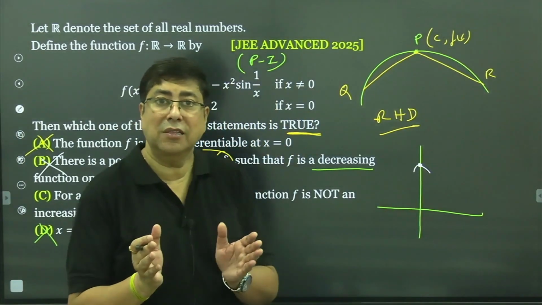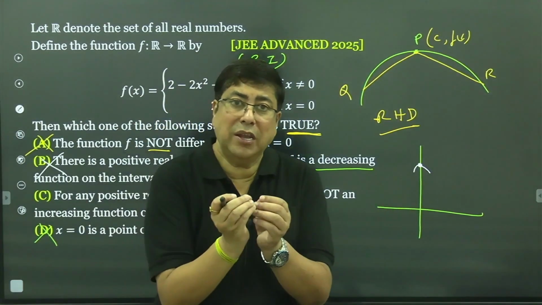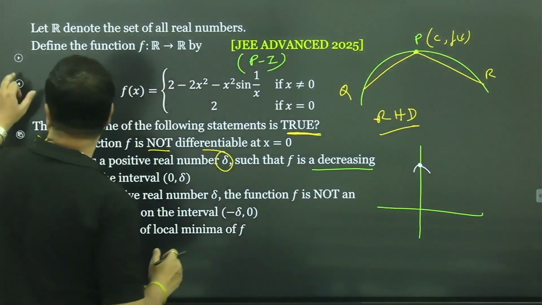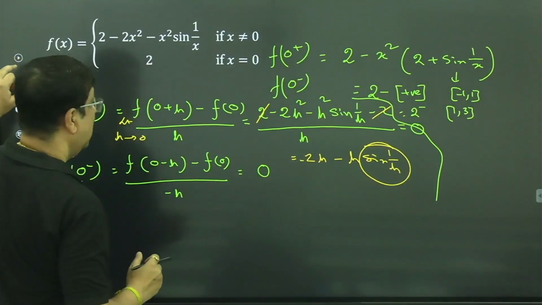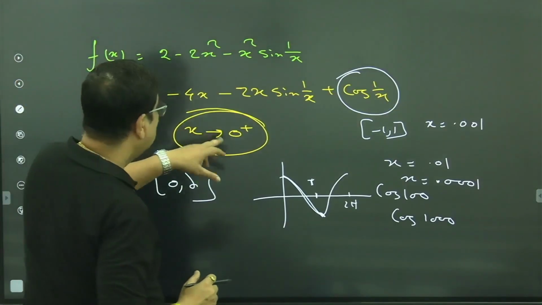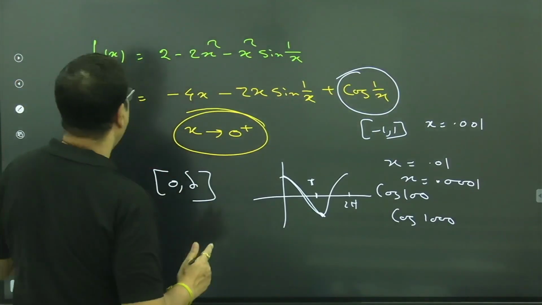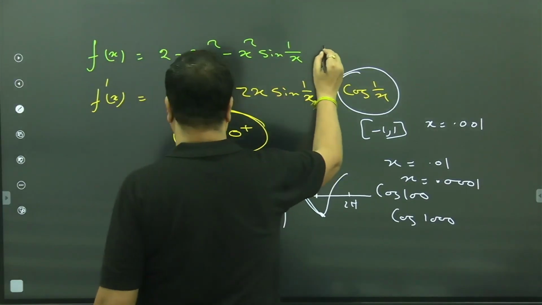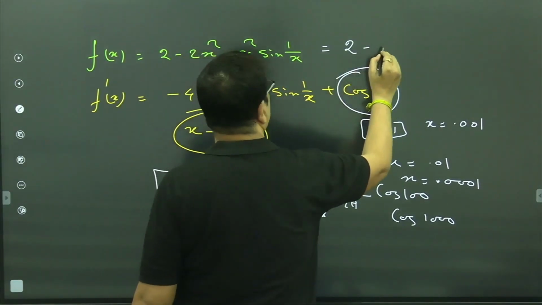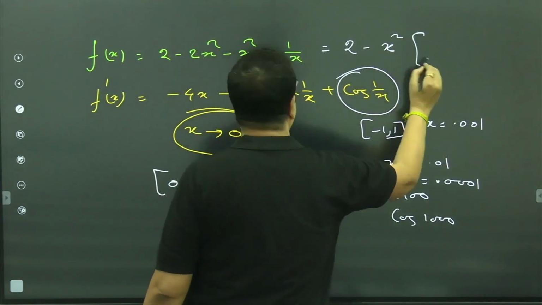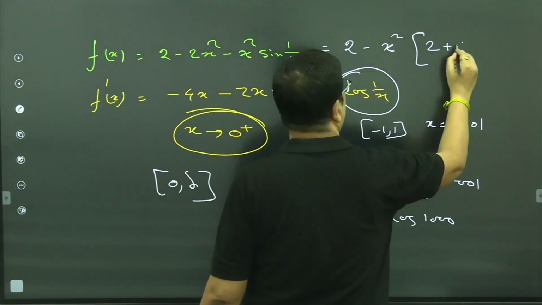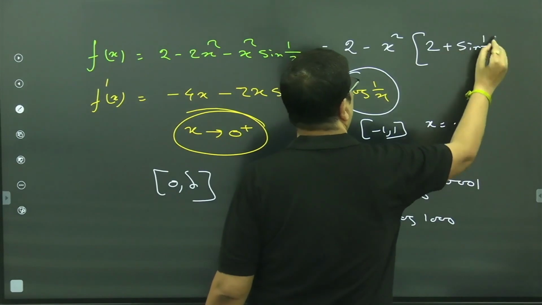Why is it decreasing? In its neighborhood it has some lower value. Because if we see the limit, understand everybody, we are seeing that in this case it is 2 minus x square into 2 plus sine 1 by x.